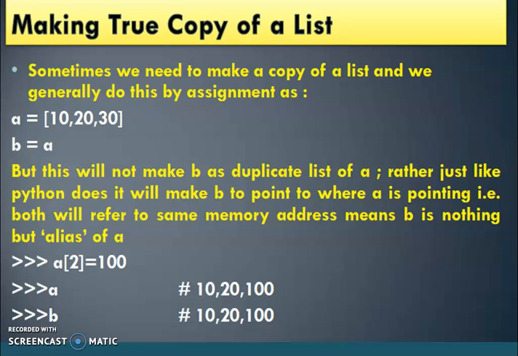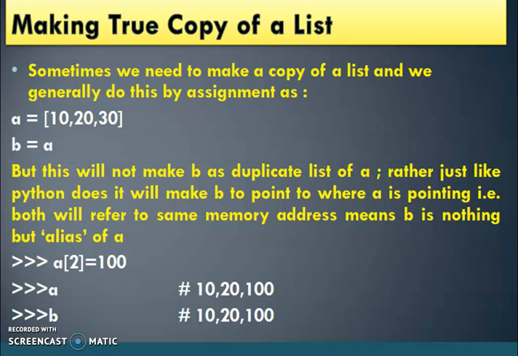List B didn't make any duplicate of A; rather, just like Python does, it will make B point to where A is pointing. That is, both will refer to the same memory address, meaning B is nothing but an alias of A. Children, that means when A is equal to [10, 20, 30] and B is equal to A, both variables A and B are pointing to the same memory location.